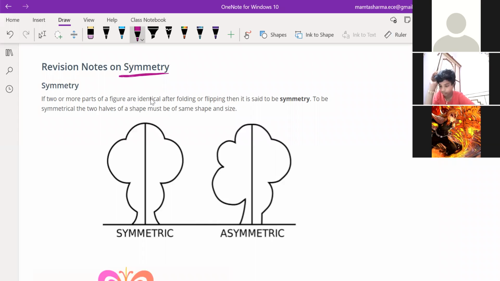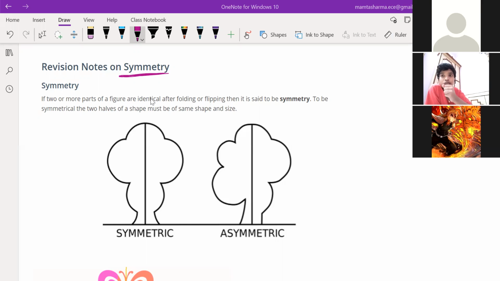Same shape on both sides. Divided into two equal parts. Yes, when we draw a line such that the line divides it into two equal parts. Or we can say the two or more parts of a figure are identical after flipping or folding. After flipping or folding. Okay.